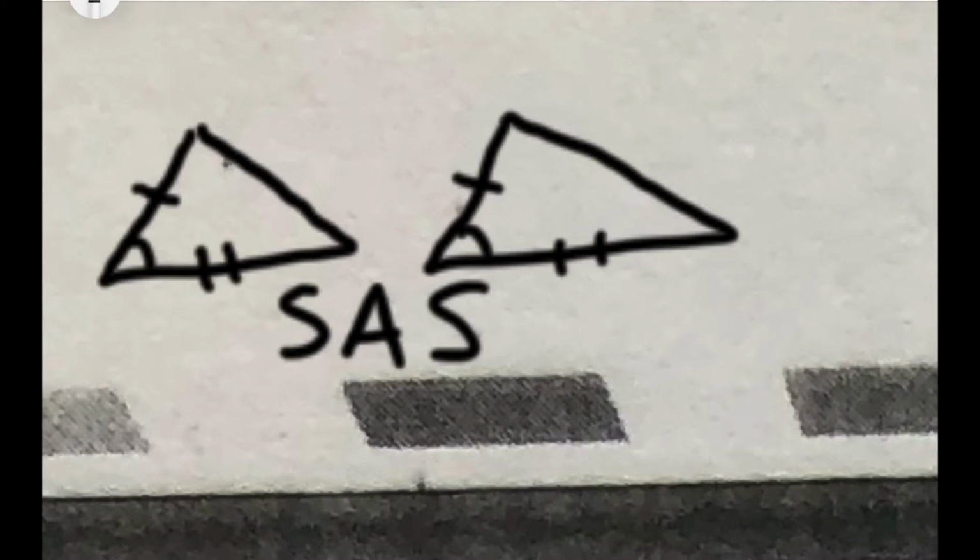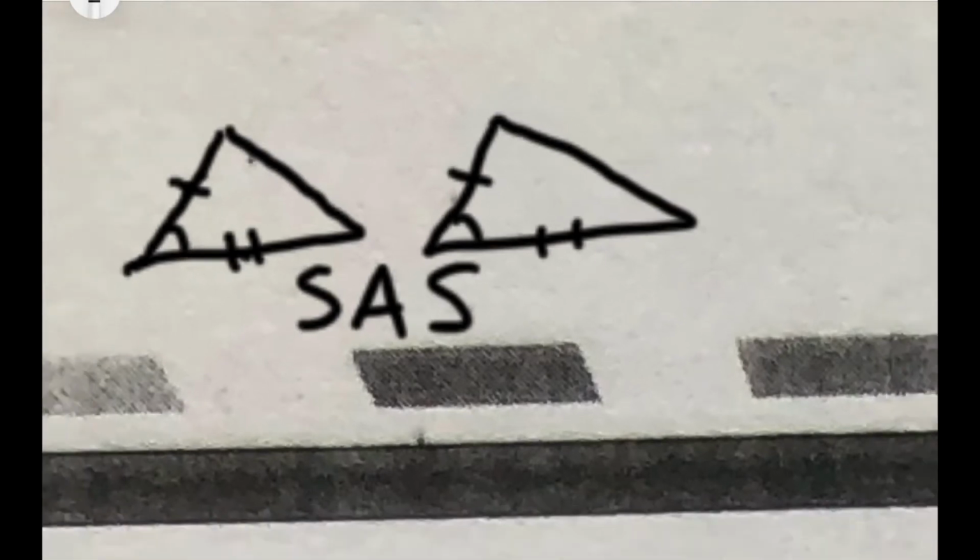Because that is what is consecutive while going around the triangle of what is congruent in between the two triangles.